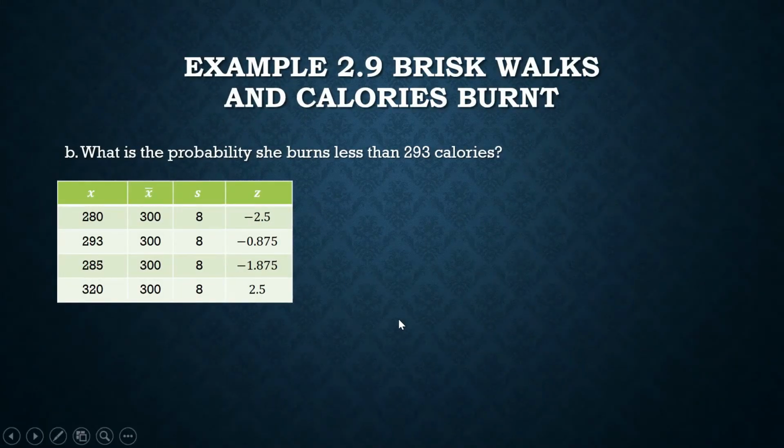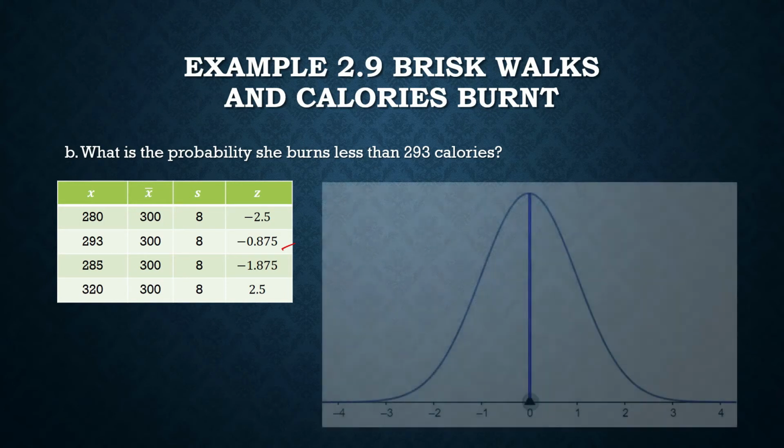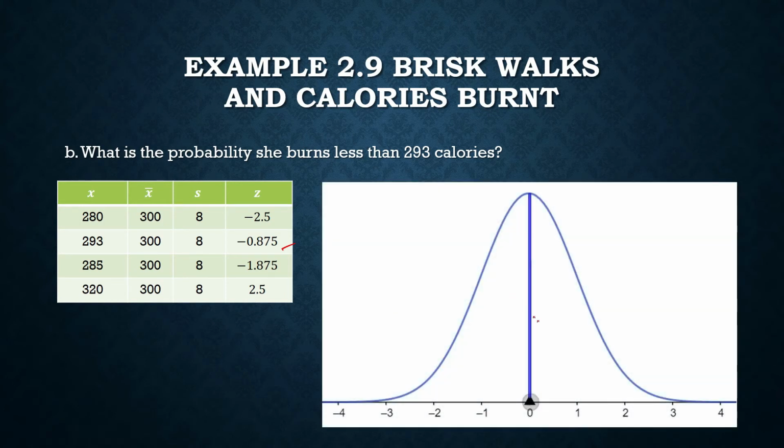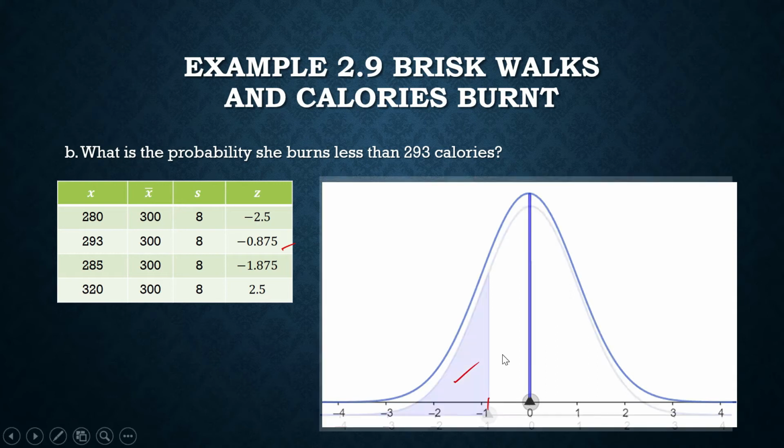What is the probability she burns less than 293 calories? Again, in terms of z-score, it's negative 0.875. Let us locate that in our standard curve. It's close to negative 1. We are looking for the region to the left of negative 0.875.